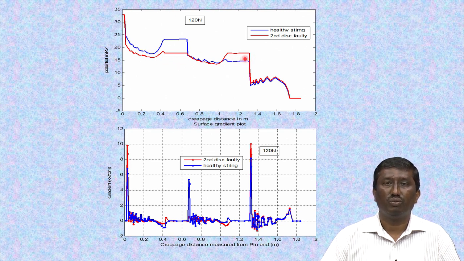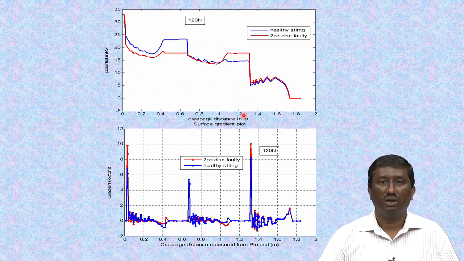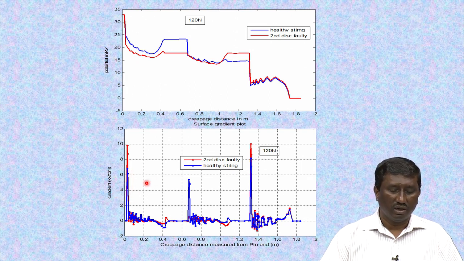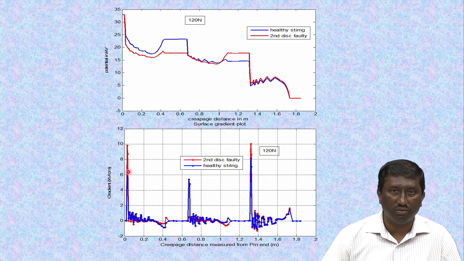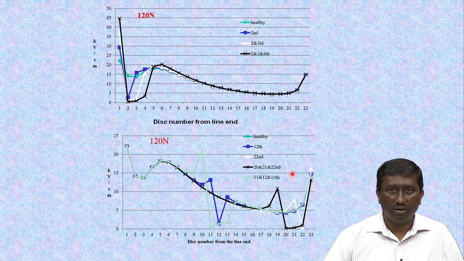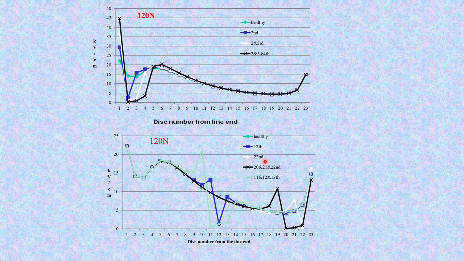So, the entire potential distribution gets modified, and the potential across the first insulator and sometimes across the third insulator, depending upon the tower to ground capacitance and the number of insulators, gets completely modified, which is shown here. You can see suddenly there is a rise in electric stress across the first insulator and the third insulator. Similarly, if there are discs which are faulted at various locations, the study has been conducted.